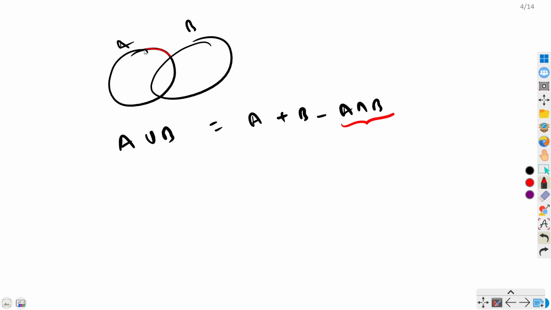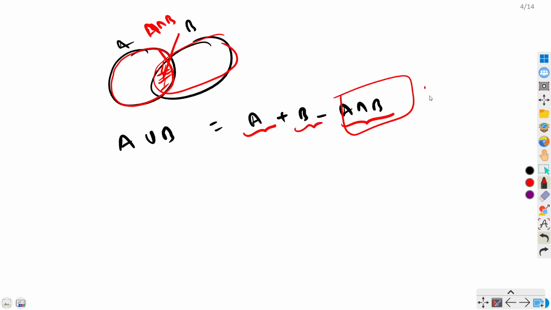Because when we took A, A already included this portion. Now when we added B, B again included this portion. So A intersection B was included 2 times. That's why we have to subtract it one time.